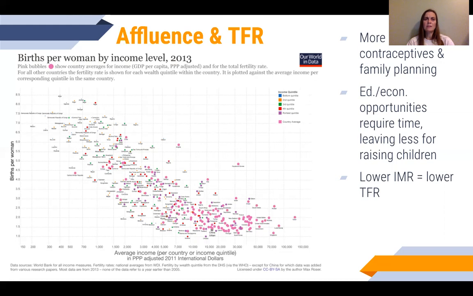Educational opportunities, economic opportunities, they take time, and sometimes it is a choice of women to prioritize education or economic success over having children. And then, of course, in more affluent countries or more affluent areas, we tend to have much lower infant mortality rates, which leads to a lower total fertility rate.